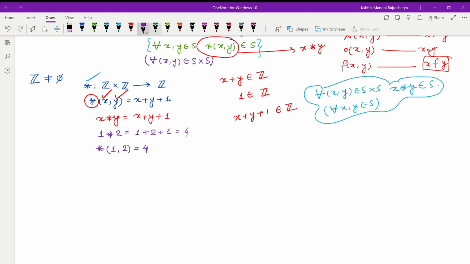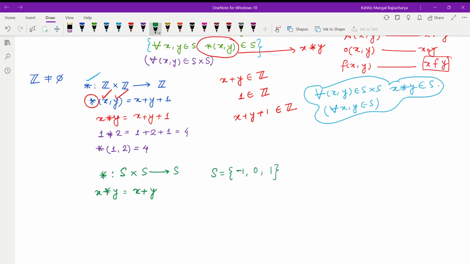Now let's see. Let's consider star to be defined on S as something like this, x star y is defined as x plus y, where plus indicates the usual addition, and S is equal to {-1, 0, 1}.